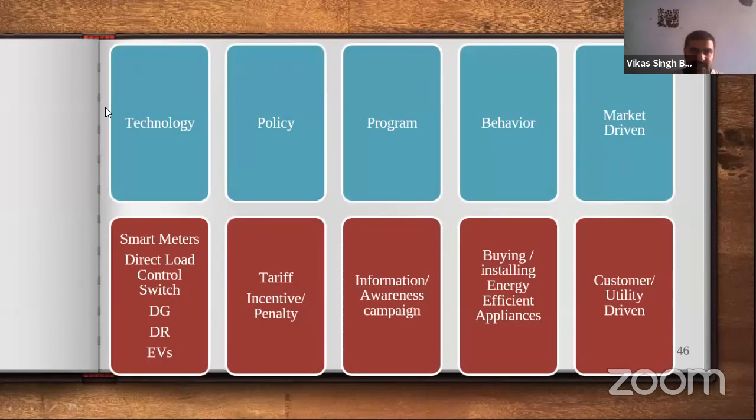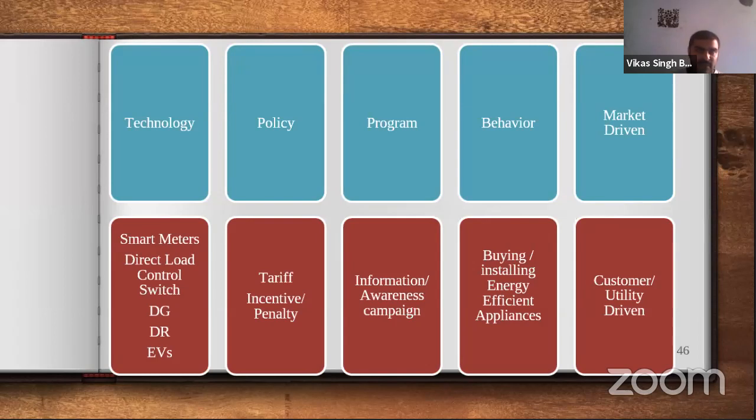Now this is the last slide of my presentation: what are the outcomes, or the research areas in which we can conduct research. As is already known to us, two types of research can be done: one is component based and the other is system based.